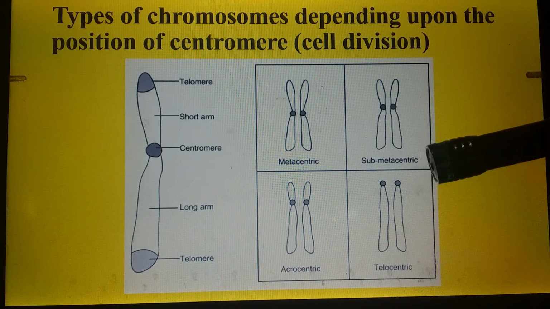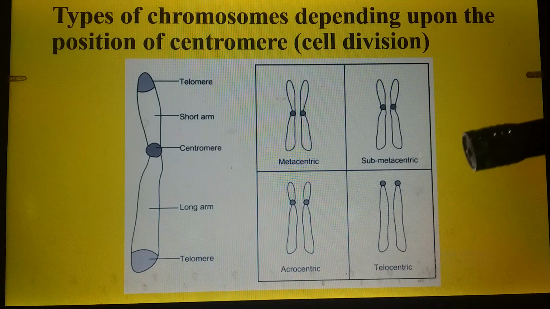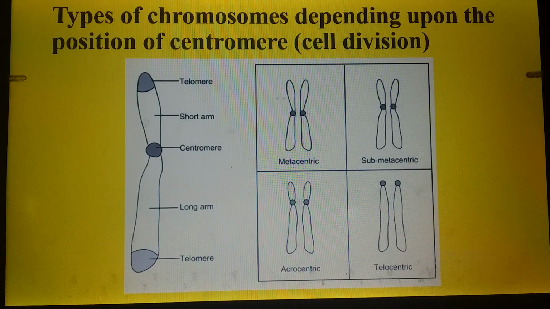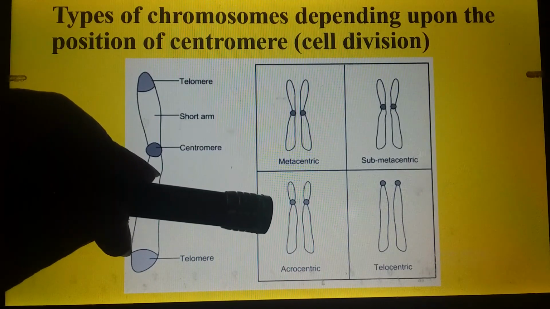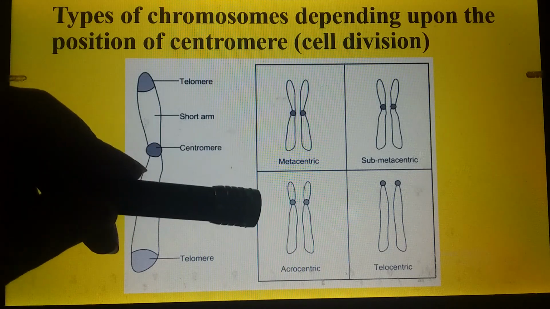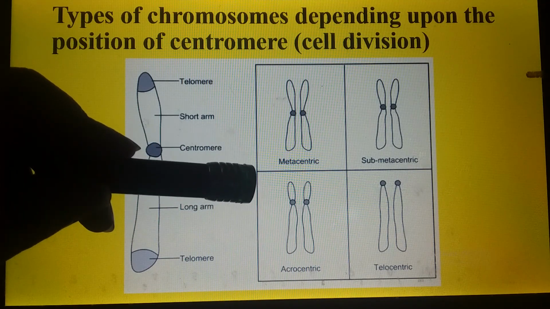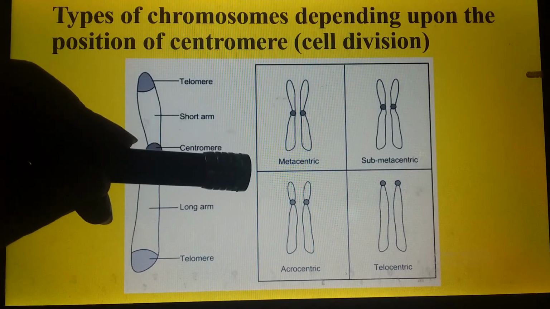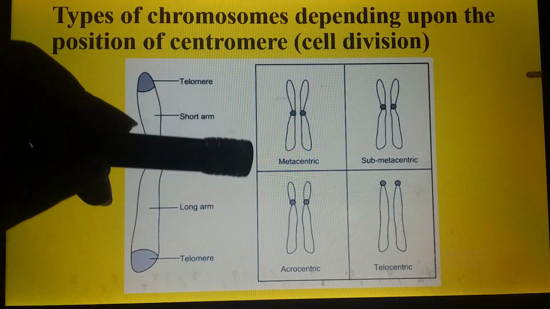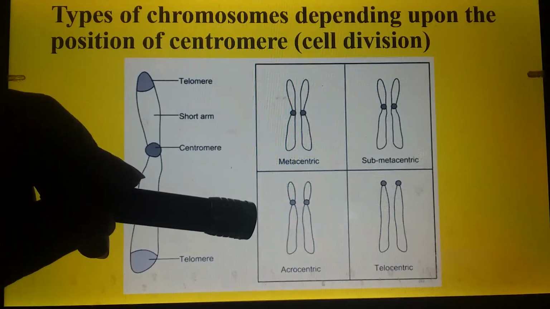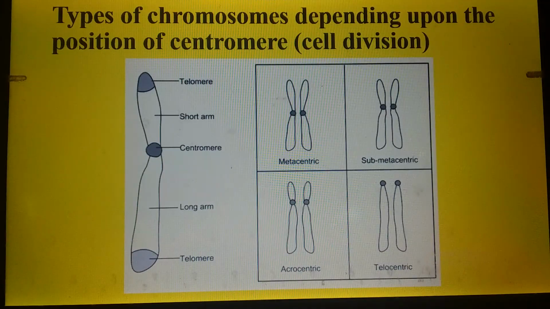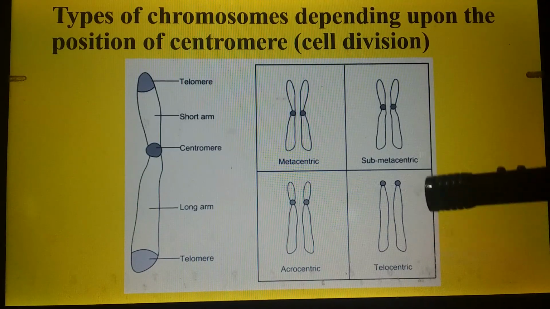This is the submetacentric. Then you can see the acrocentric position, the acrocentric chromosome. In acrocentric, the centromere is present more towards one arm, and one arm is very short and the other is very long. This is the acrocentric. And you can see here the telocentric condition.